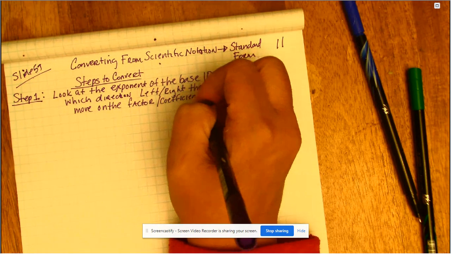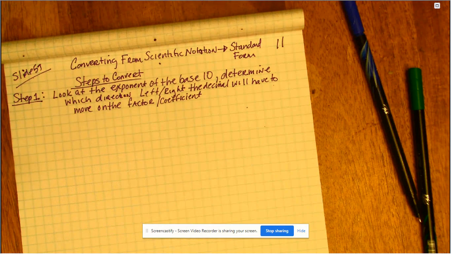I like the word factor more than coefficient, but some people call it the coefficient, even though there's no variable afterwards. So that's step 1.